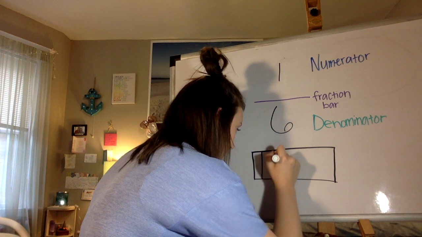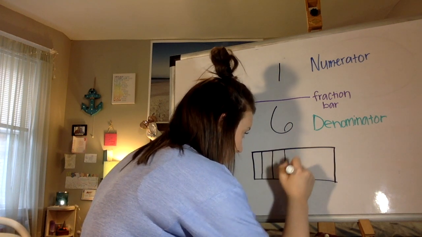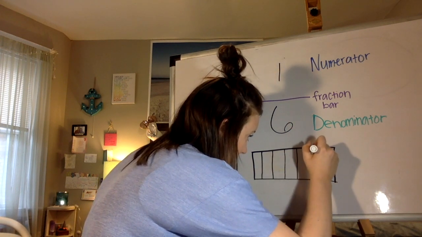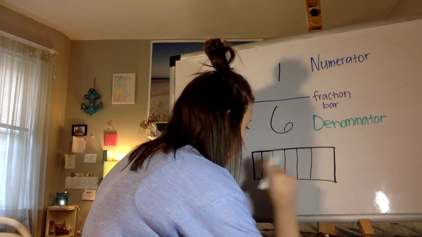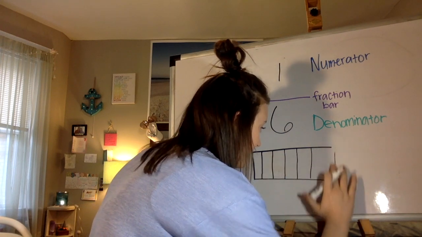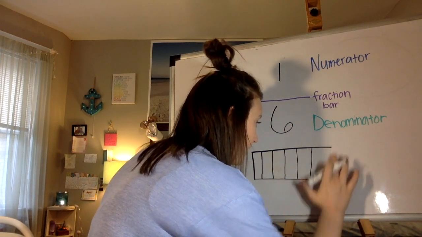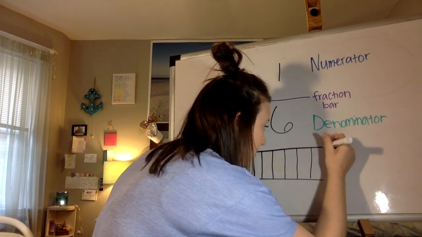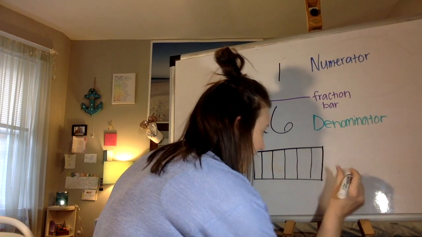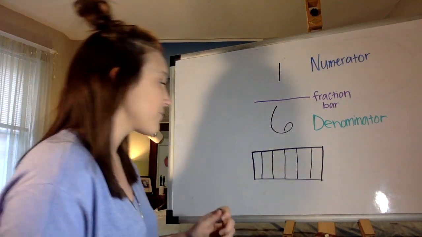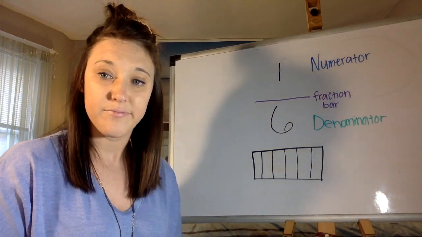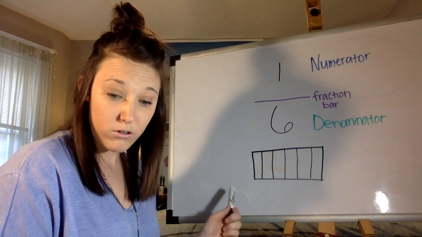1, 2, 3, 4, 5, 6. Actually, here, let me make the rectangle a little smaller so it looks more accurate. All right, here we go. So I have a whole.